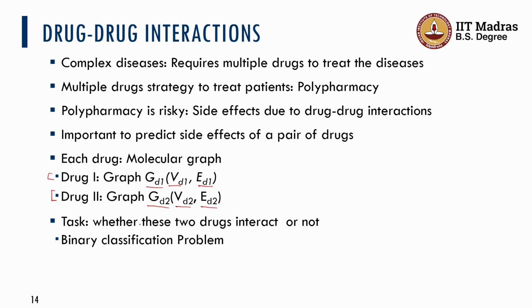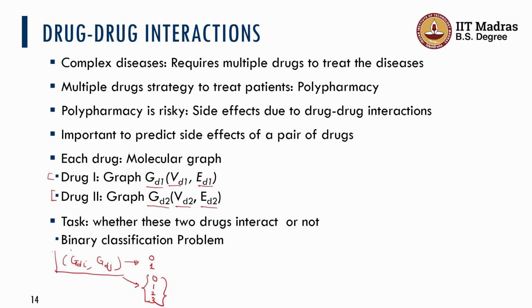In other words, given data, let's say I have a pair of drugs GDI, GDJ, the question is whether it is a 2-class problem or a multi-class problem.